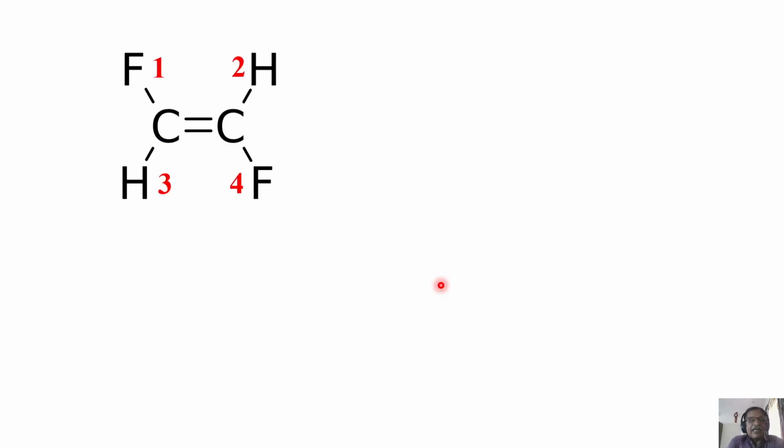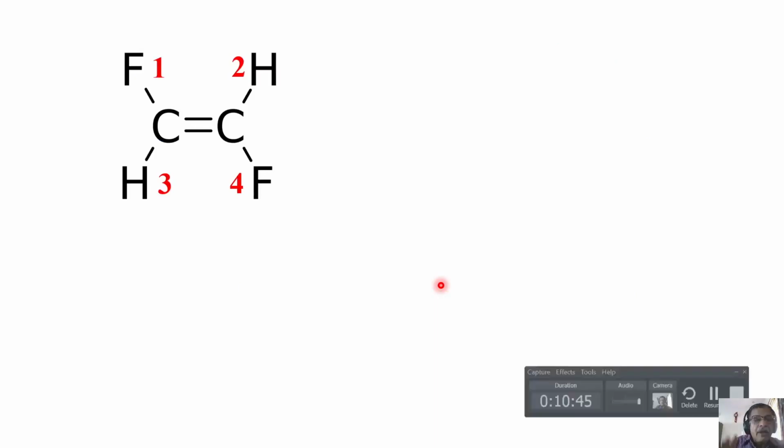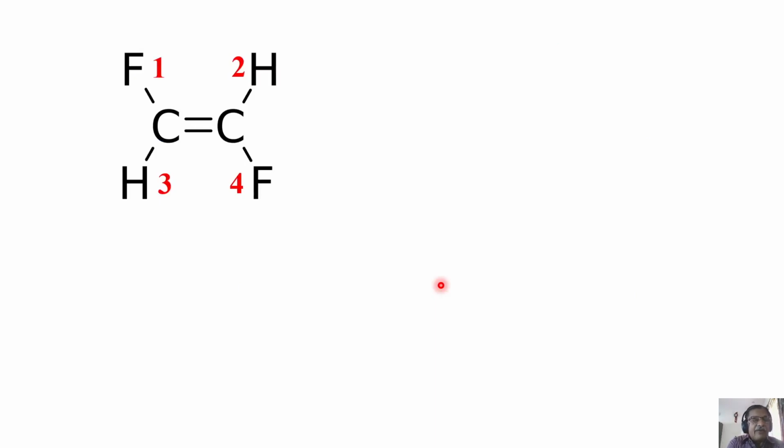Now let us look at chemical equivalence by looking at some molecules like this. Take a simple molecule like this, which is 1,2-difluoroethylene. Now, where is the symmetry axis for this molecule? This is the symmetry axis.